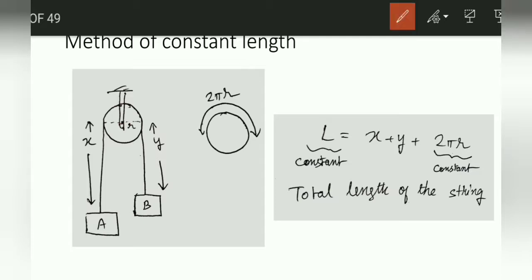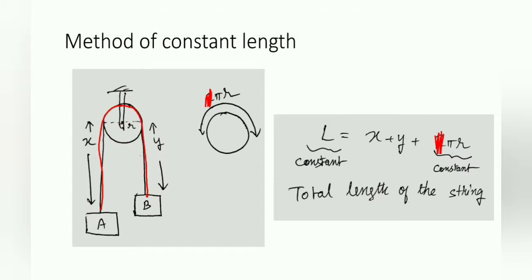Here is a pulley and block system. There is block A and block B, and there is a string that is wound around this pulley and attached to the blocks.